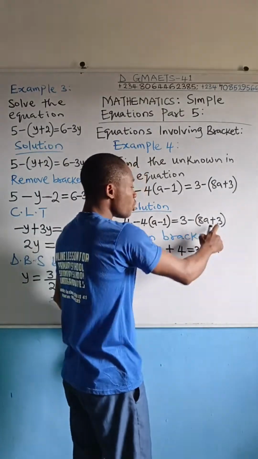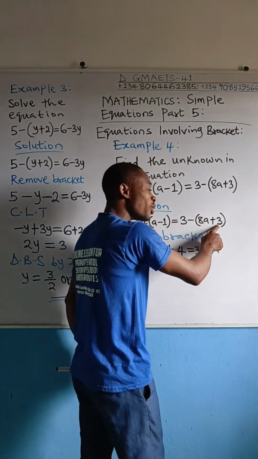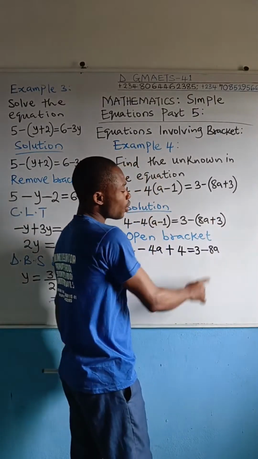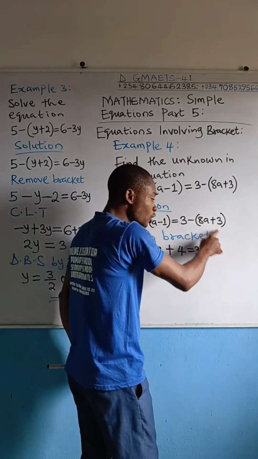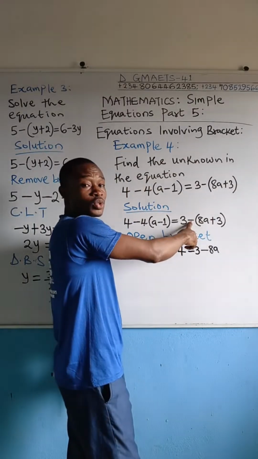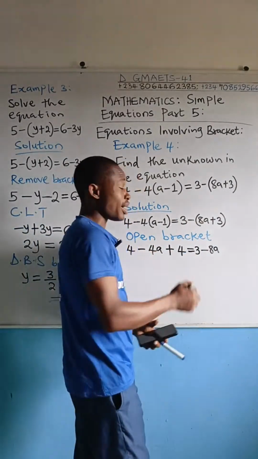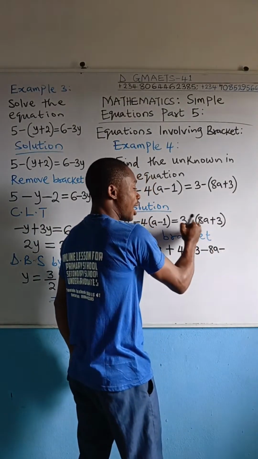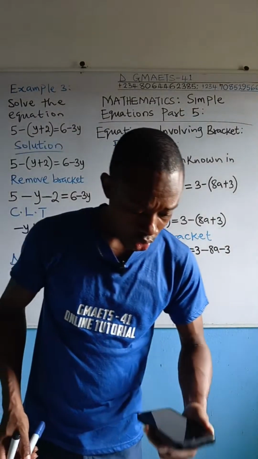Then again, before we move on to this 3, we are going to use minus 1 to multiply plus 3. First, 1 times 3, we expect to get 3. But what will be the sign of the 3? It's going to be minus, because this plus 3, the plus will change to minus because of the minus we have outside the bracket. It's still the same as doing minus times plus, which will give you minus. Then invisible 1 times 3, which will give you 3. You have done what is called expansion.